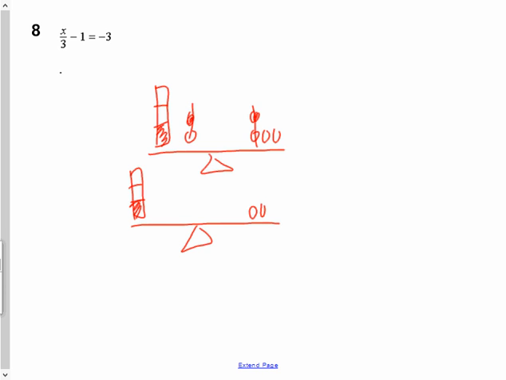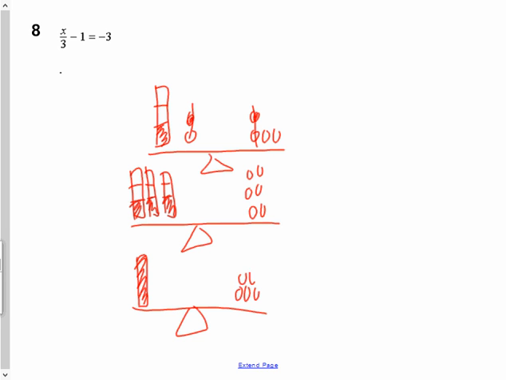Now, ideally, what I want you to do here is, even on the same scale, it's okay to do this. If you had a third of x and you triple it, and you triple this side, these 3 thirds of x's are going to make a full x, negative 6, and therefore x equals negative 6.